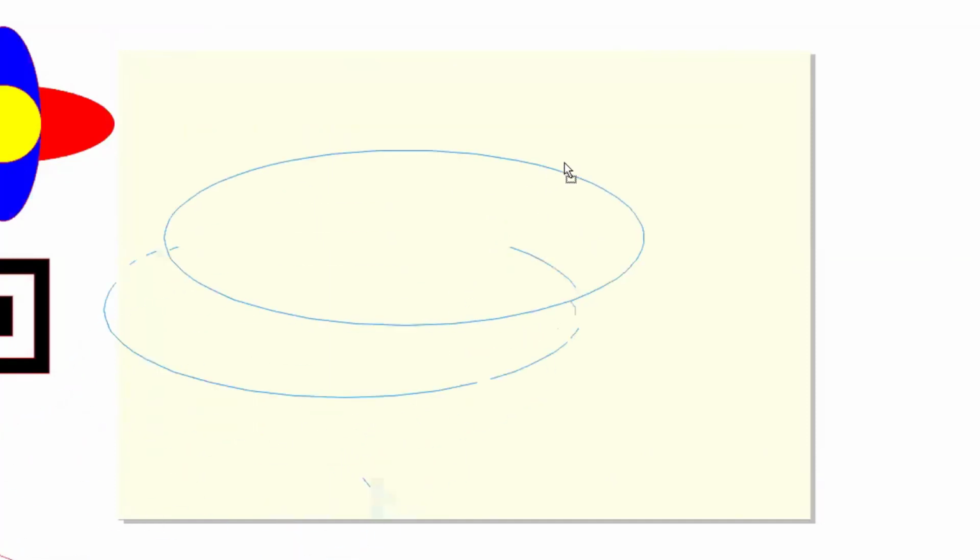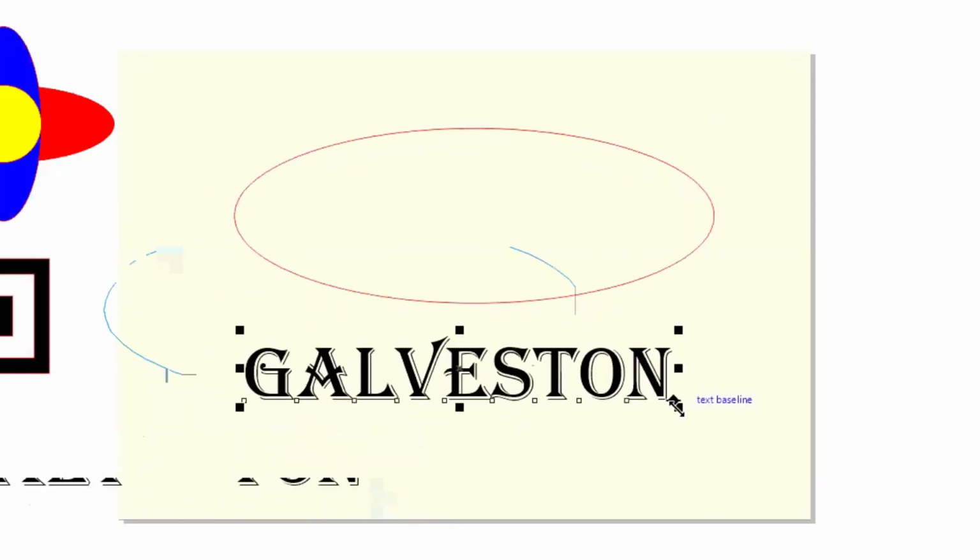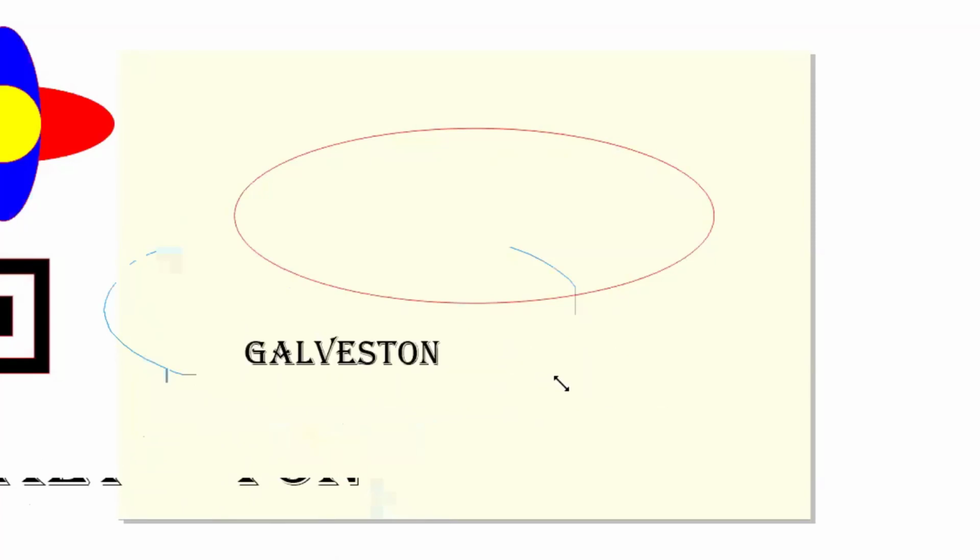Okay, so let's delete that and bring this over. Let's say that I have this text at this size, and I want to put this exactly into this oval. We're going to talk about align and distribute in our next session.